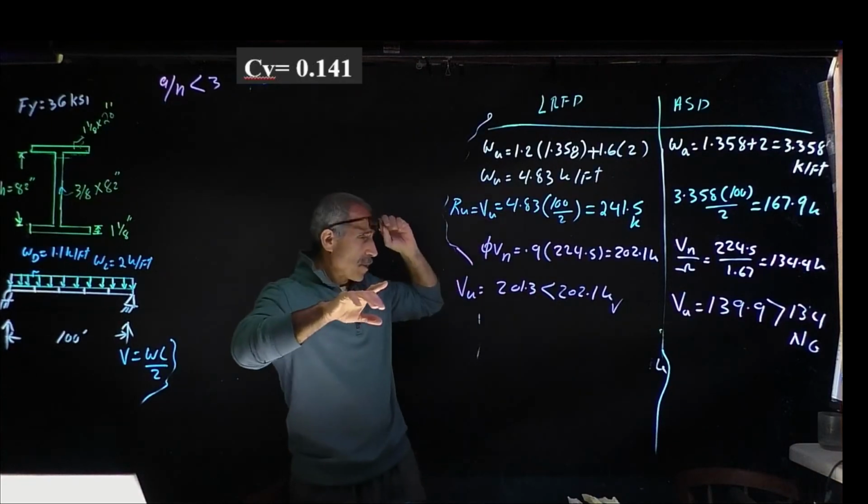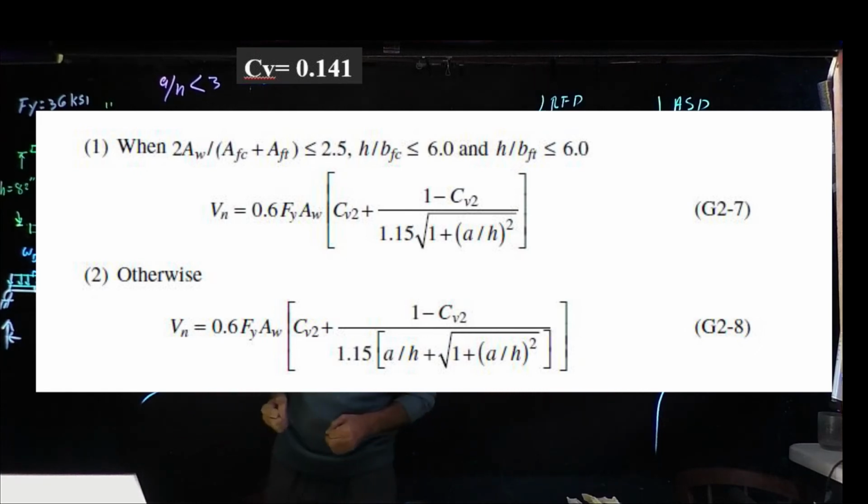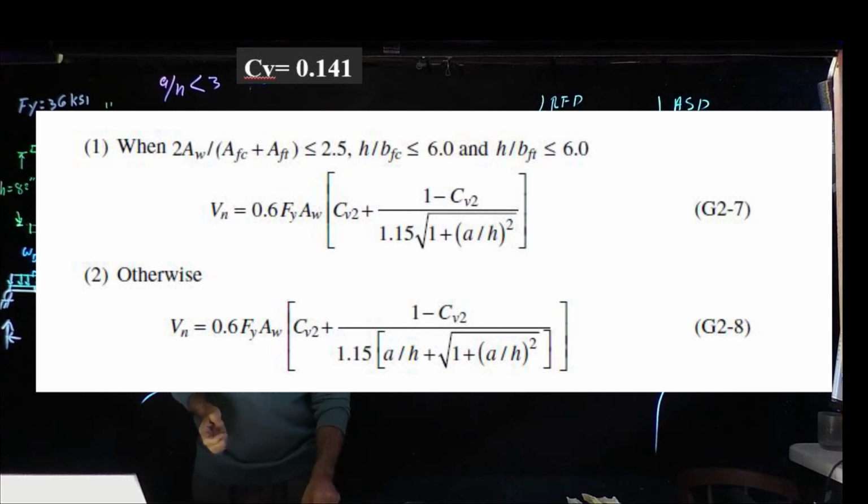Note I have on the board, let me read it. It says when 2 times AW divided by AFC plus AFT is less than 2.5, and H over BFC less than 6, and H over BFT less than 6, then Vn is equal to that. So let's go ahead and figure that out.